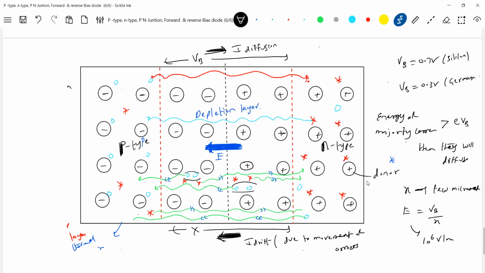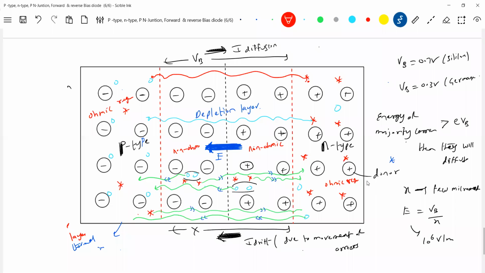We have put everything. What about this non-uniform charge distribution? And this is non-ohmic. Non-ohmic means it will not obey Ohm's law here. This is the ohmic region. This layer will obey Ohm's law.